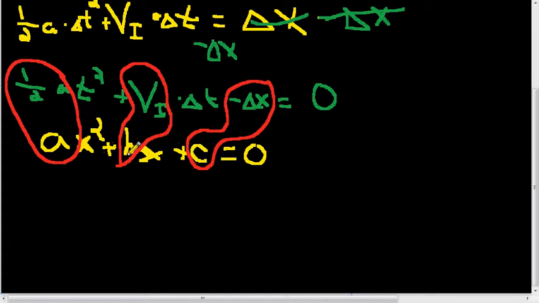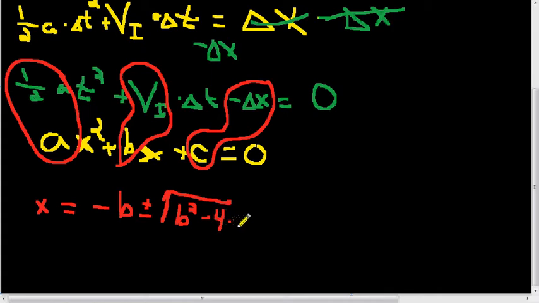We have an equation to solve for x in a quadratic. You may be familiar with it. Normally it's x equals negative b plus or minus the square root of b squared minus 4 times a times c, all over 2a.